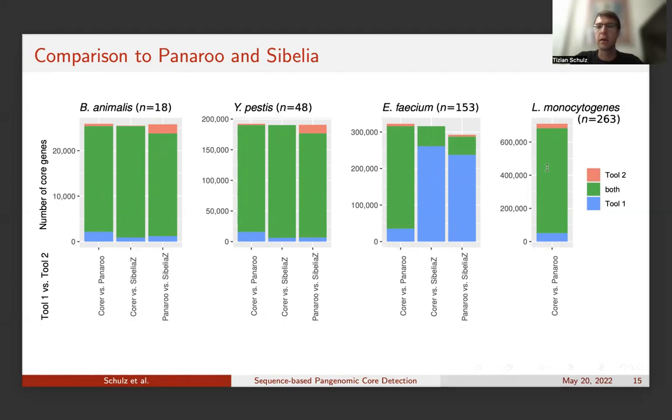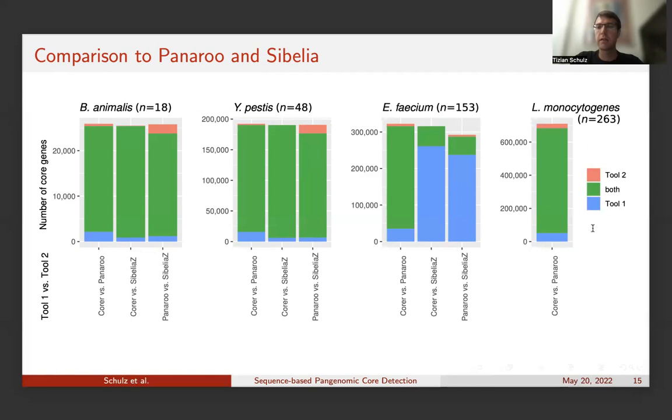For the larger 2 data sets, we see that SibeliaZ had some problems. Its core was much smaller for these larger data sets, and this is why we see only a very small overlap of the results and many more genes which are predicted by Cora and Panaroo in this case.